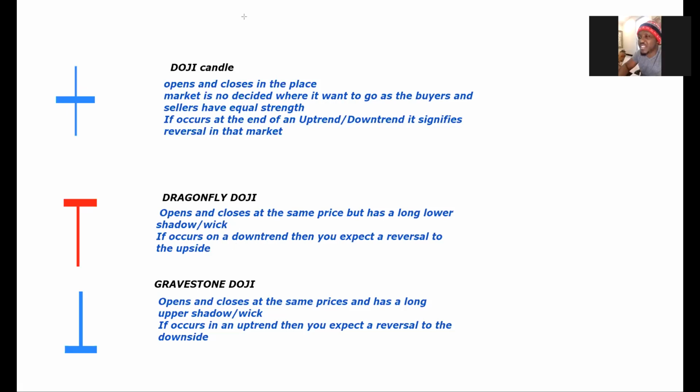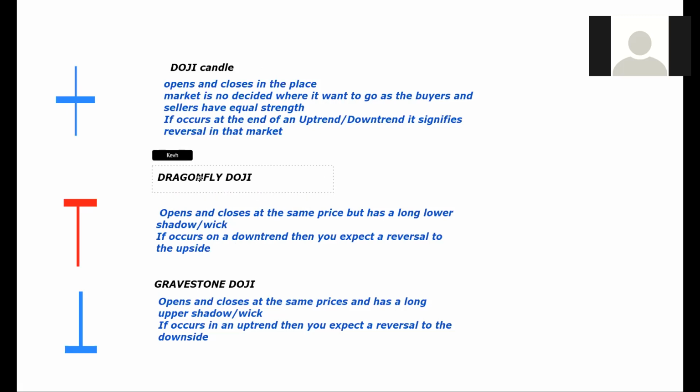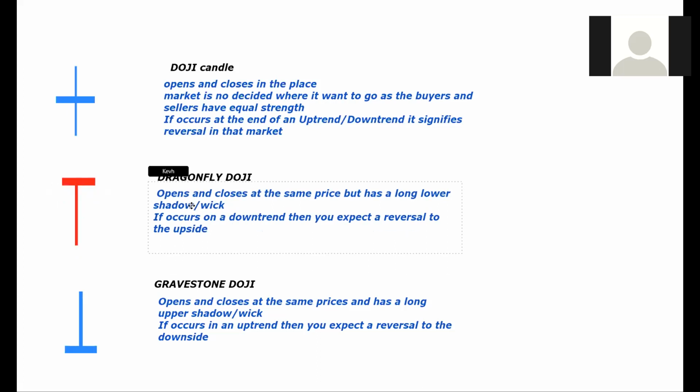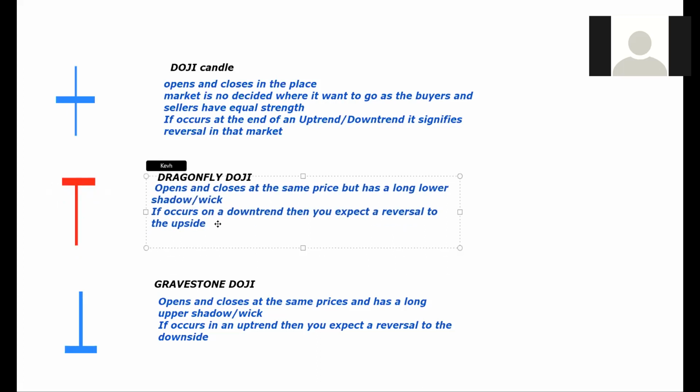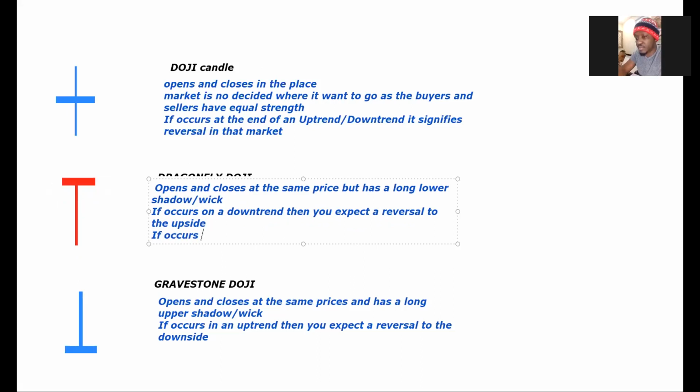The space is limiting me, but let me try and fix it there and move this around. So it's pretty much just that it occurs on an uptrend.